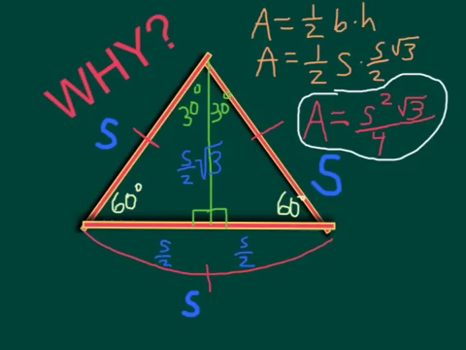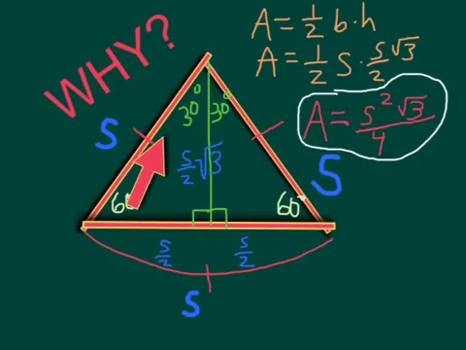So I should probably get those fancy arrows out. The side across from the 90, there you go. Side across from the 90 is S. The side across from the 30 is S over 2.